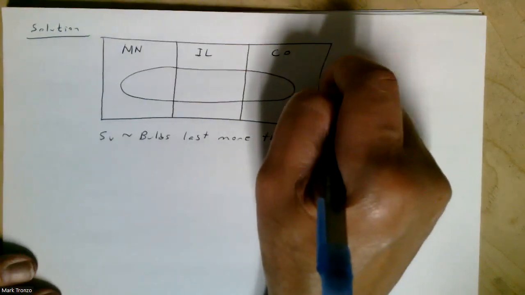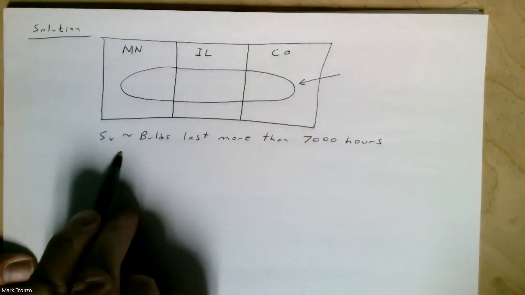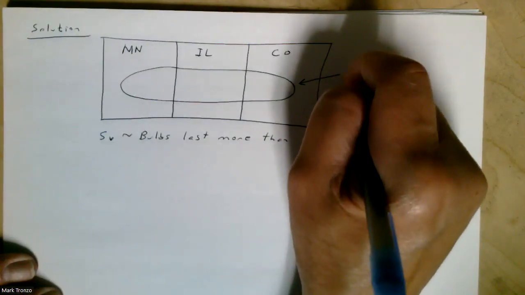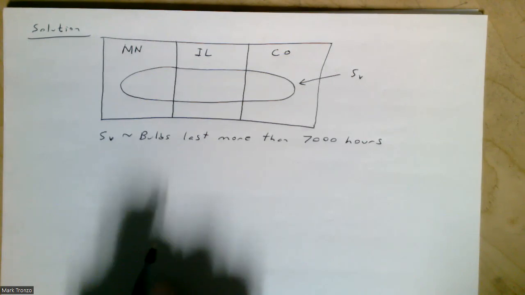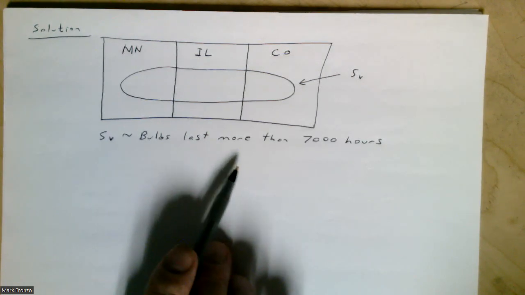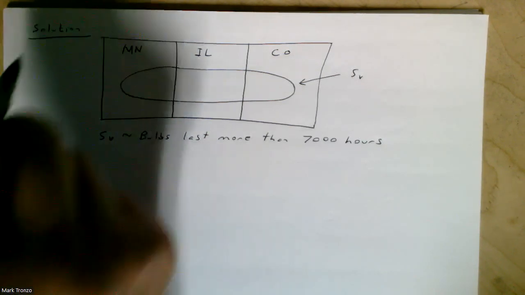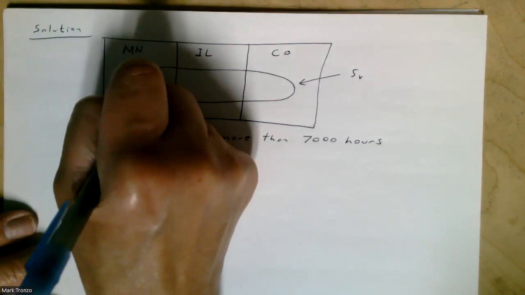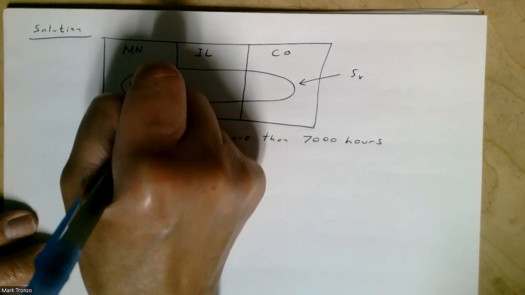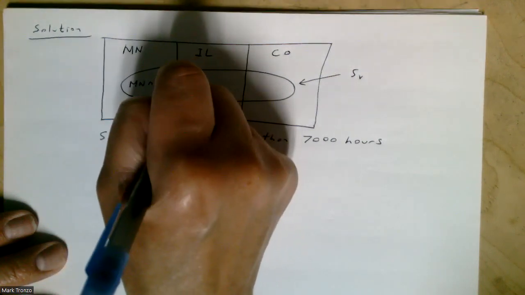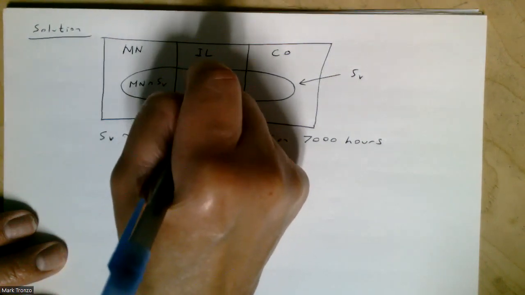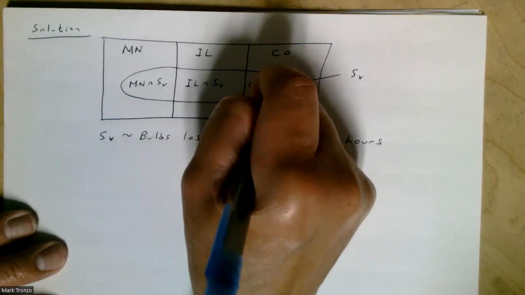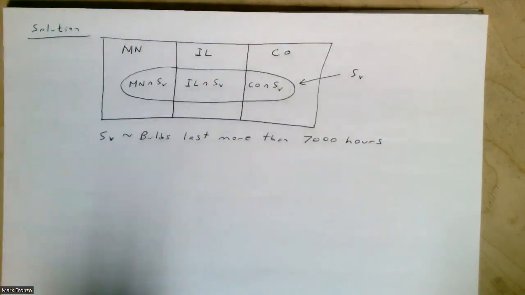Again, I just call this S sub V. You really call it whatever you like. And so over here we have Minnesota intersected with SV, Illinois intersected with SV, and Colorado intersected with SV.